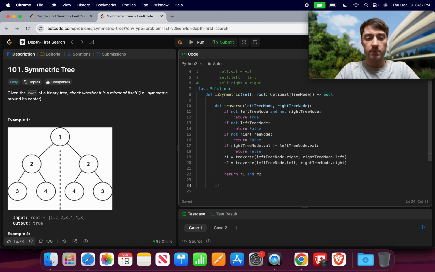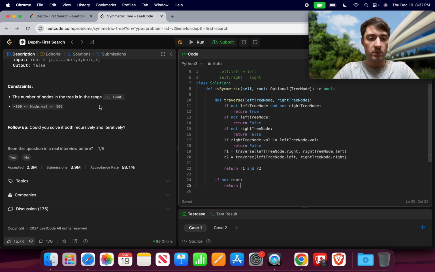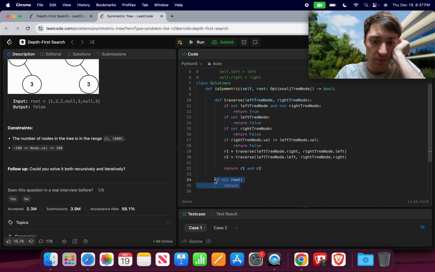If not root, return... is it guaranteed that there is a node? Okay, so there is a node in it. Number of nodes is 1. Okay, so I don't need this because it's guaranteed that there is a node.